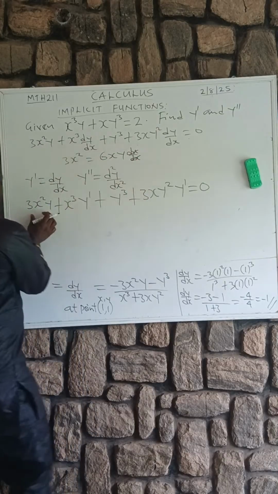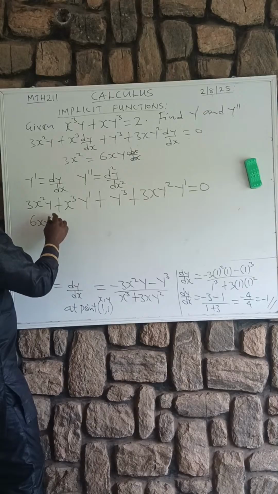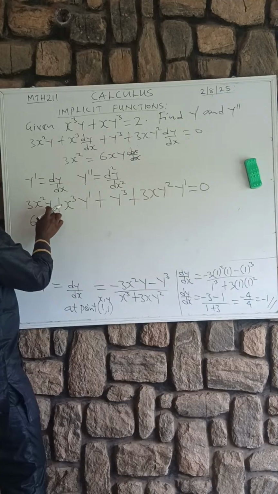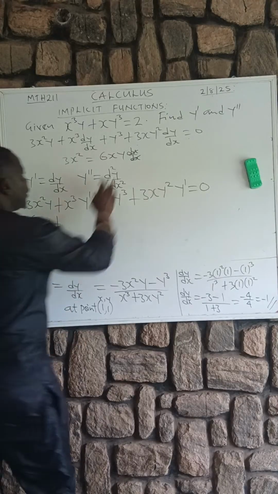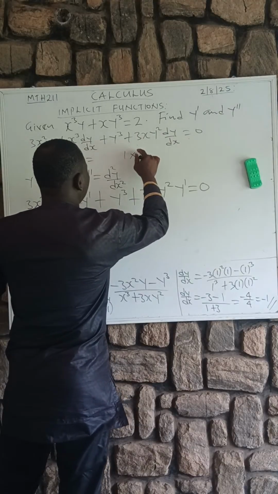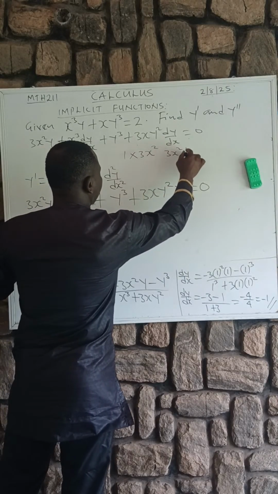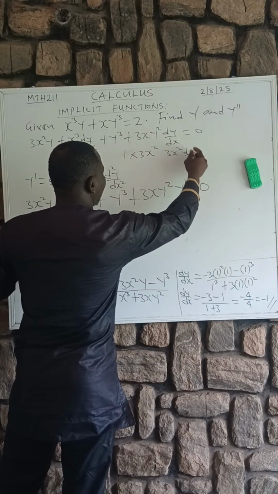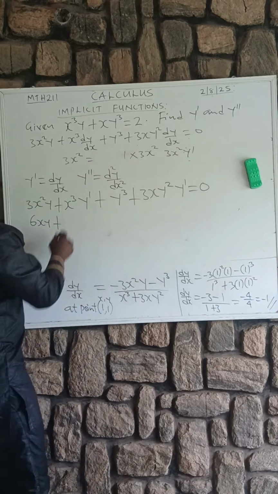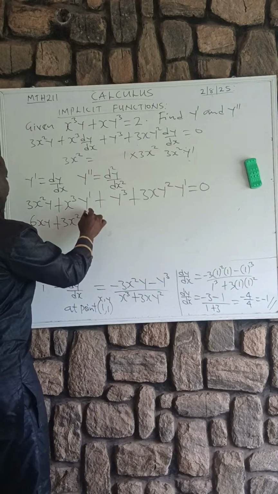So here will be 6xy, then plus, we hold 3x squared and differentiate y. If we differentiate y, we are going to have 1. So 1 times 3x squared is 3x squared dy over dx. But this dy over dx is the same thing as y prime. So here will be 3x squared y prime.